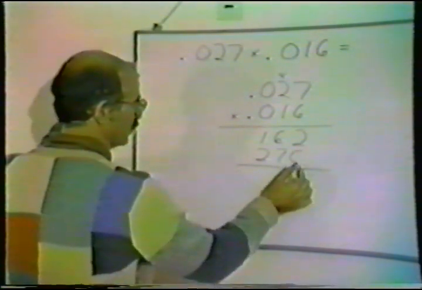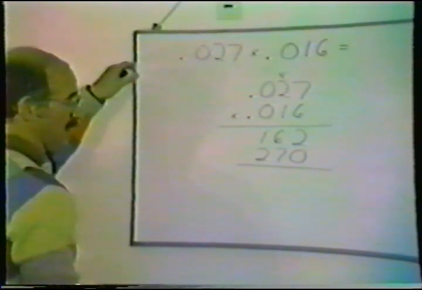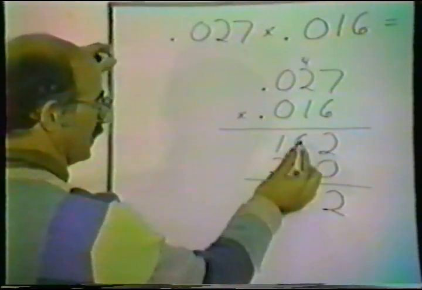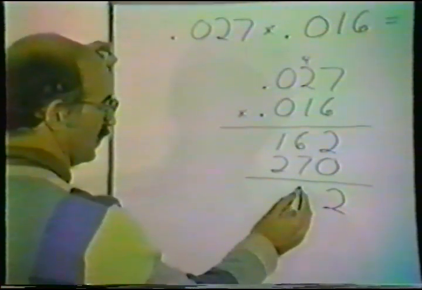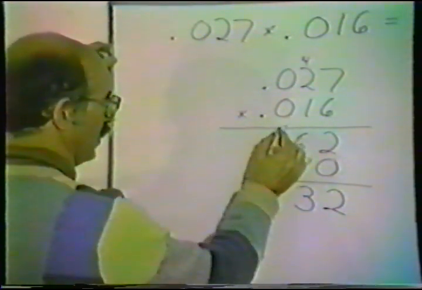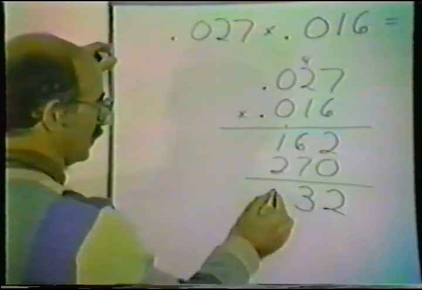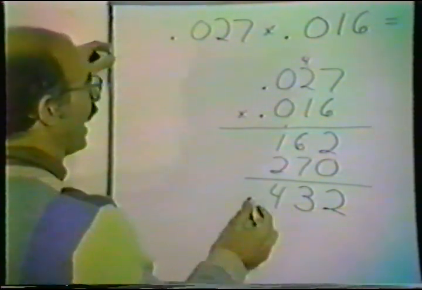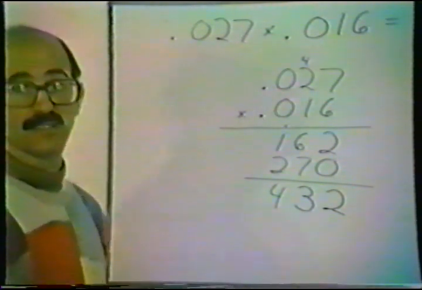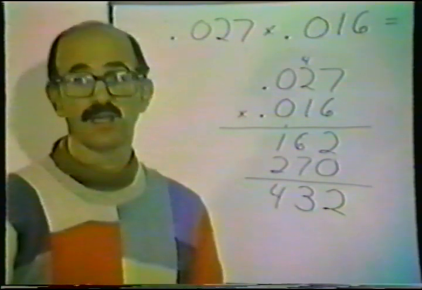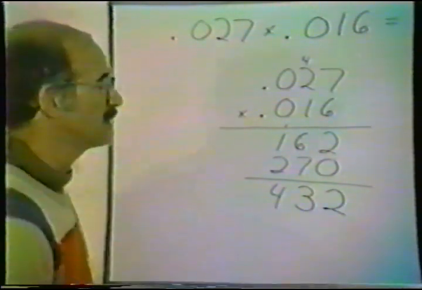We can have the 0 here if you like. 2 plus 0, 2. 6 plus 7, 13. Carry the 1. 1 plus 1, 2, plus 2, 4.